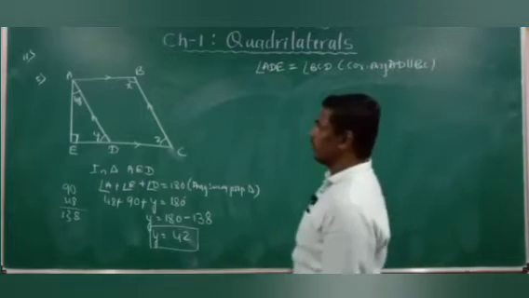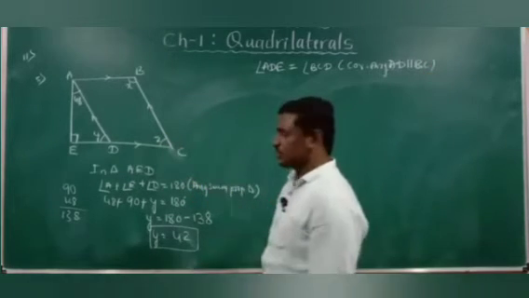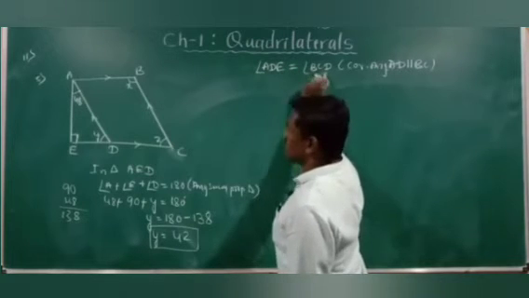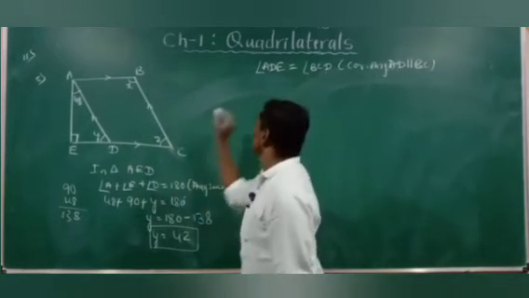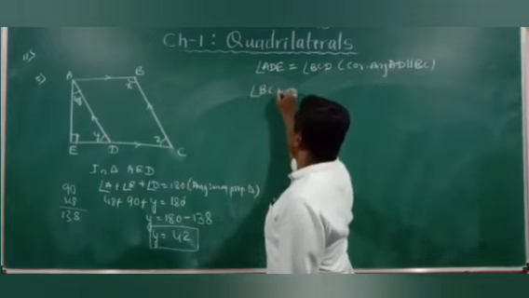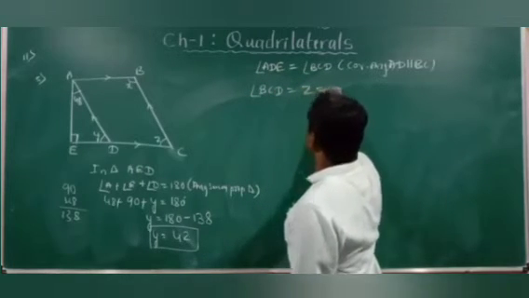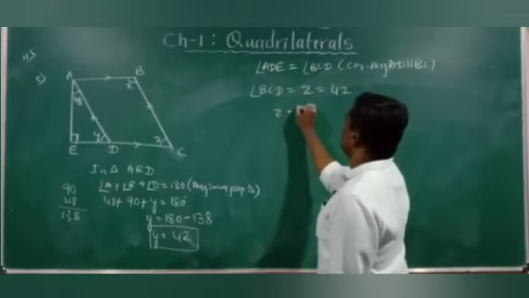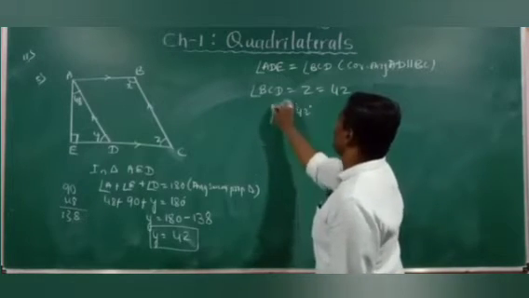Therefore, Z is also 42. Angle BCD is nothing but Z, that is equal to 42. Therefore, Z is equal to 42 degrees.